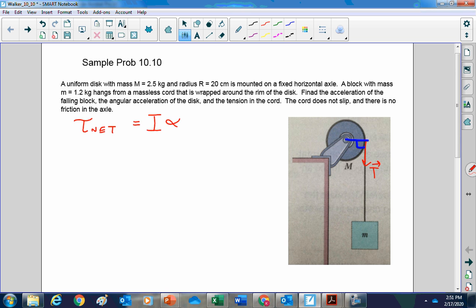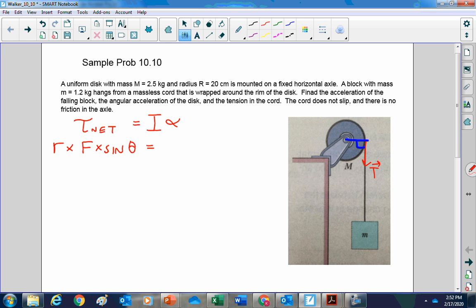And then this net torque is calculated by the radius, or lever arm, we would also call it, times the force times sine theta. So I'm going to rewrite that out.